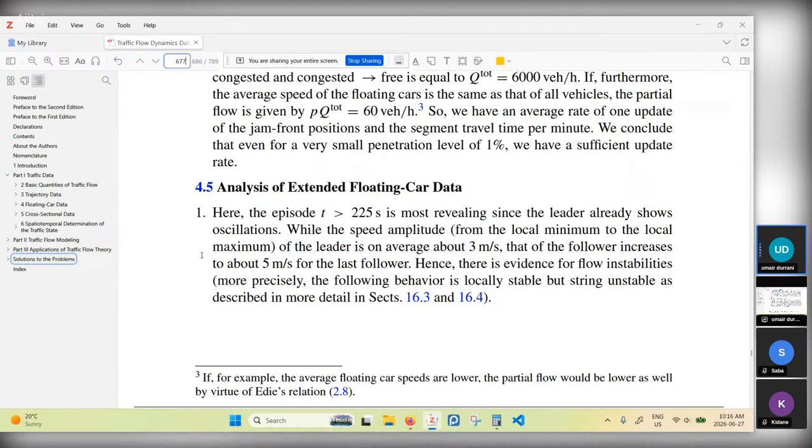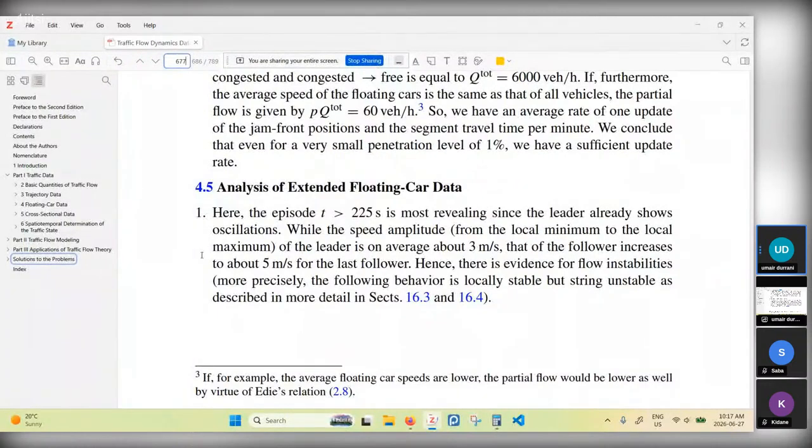Here, the episode time greater than 225 seconds is most revealing since the leader already shows oscillations, while the speed amplitude from the local minimum to the local maximum of the leader is on average about 3 meters per second. That of the follower increases to about 5 meters per second for the last follower.